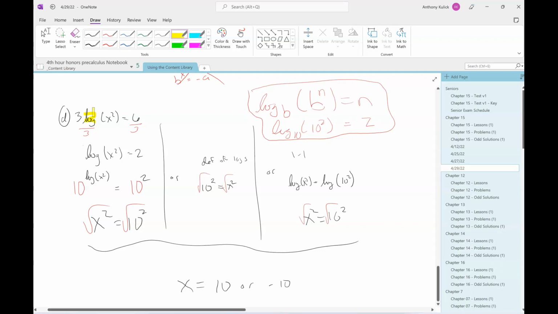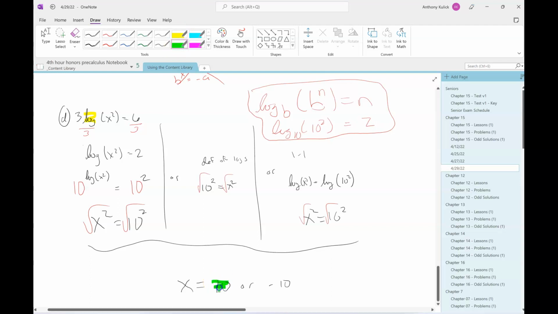Okay, we're not done though. What do we still have to do? We have to check. Every logarithmic equation you must check, because you can get extraneous solutions. Now the check is an easy check.